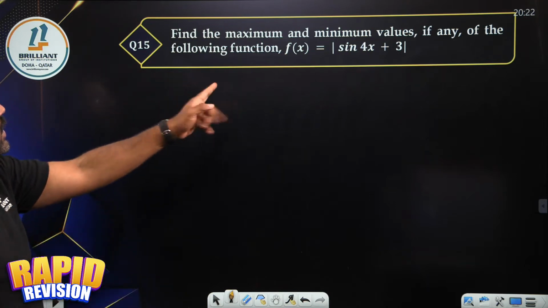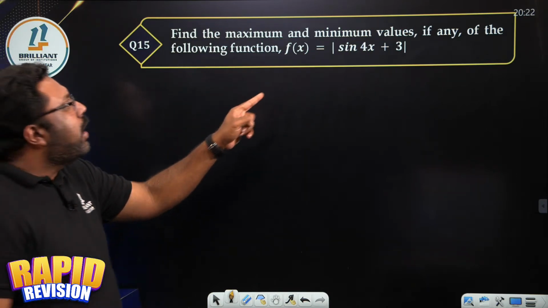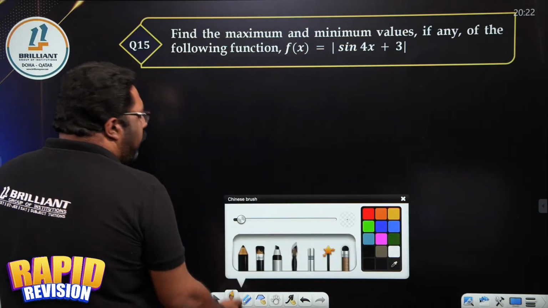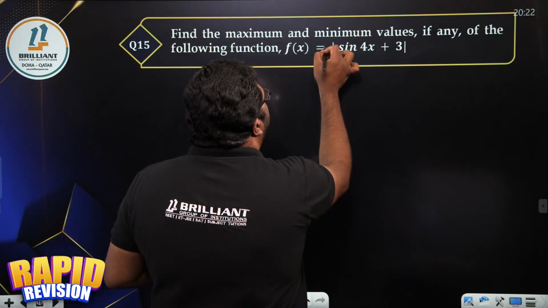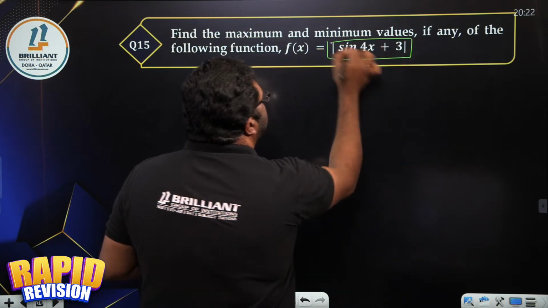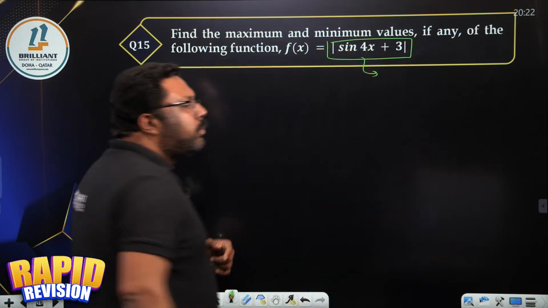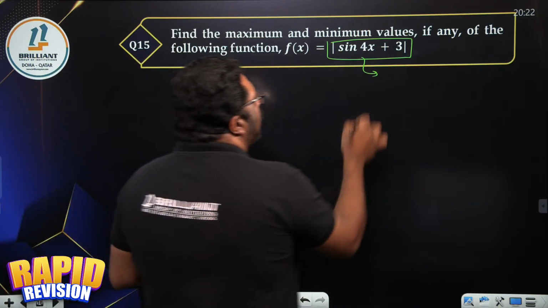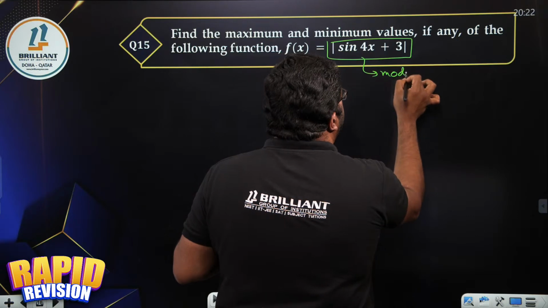15. Find, this is again a second question which is very important for 2 marks. Find the maximum and minimum value, if any, for the following function. This is a function with modulus, and we do know that. Please refer to my MCQ discussion on continuity and differentiability.